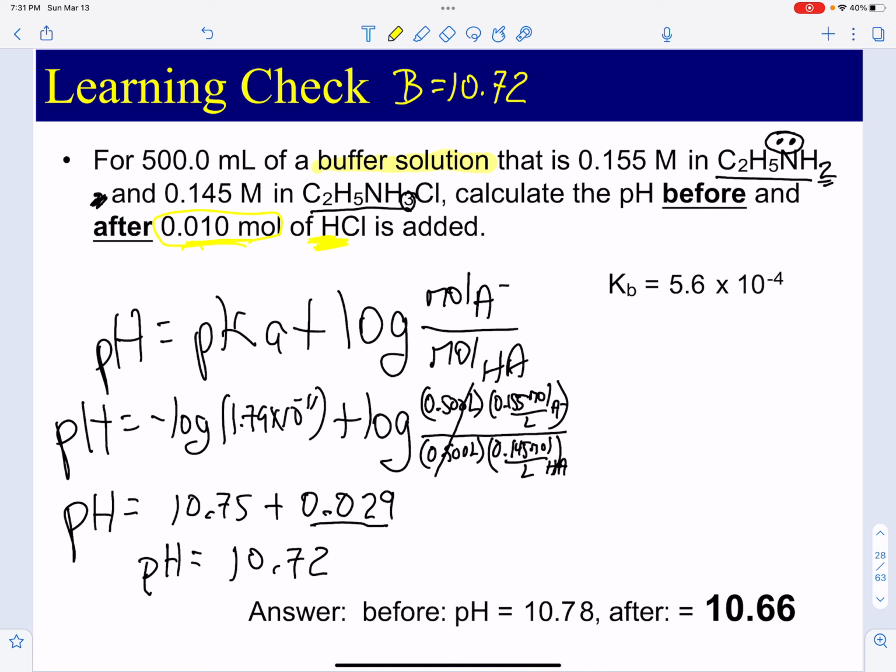So I know I have, so how many moles of the conjugate base do I have? 0.500 liters multiplied by the molarity, which is 0.155 moles over liters. That's going to give me the moles of my base. And I'm adding a strong acid to my base, so that's going to eat the base by this amount, 0.10 moles.